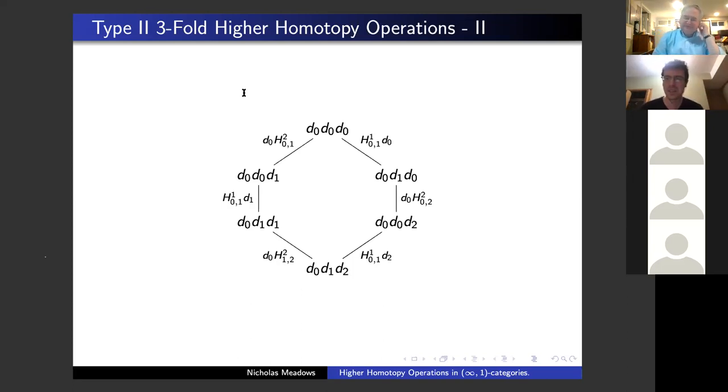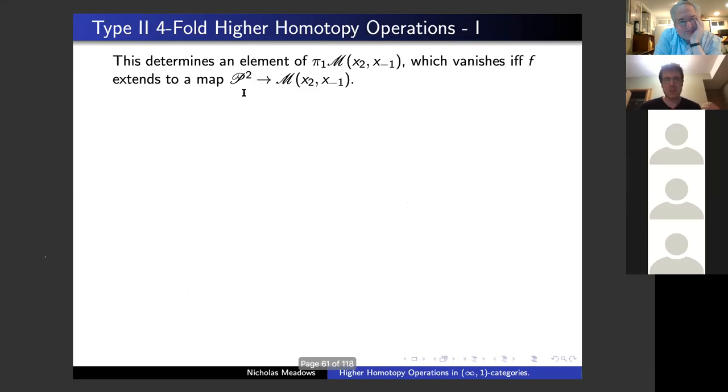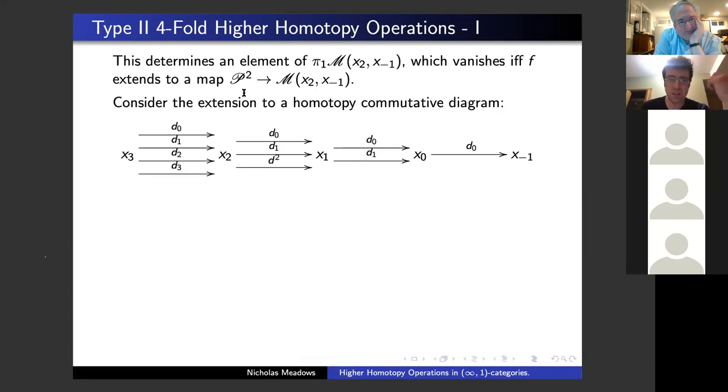Right. So anyway, if this operation vanishes, let's consider the extension to a homotopy commutative diagram as depicted here. And what this means is that the simplicial identities I mentioned before hold only up to homotopy. This is also a restricted simplicial diagram, though. So we don't put in the degeneracy maps, we just have face maps.